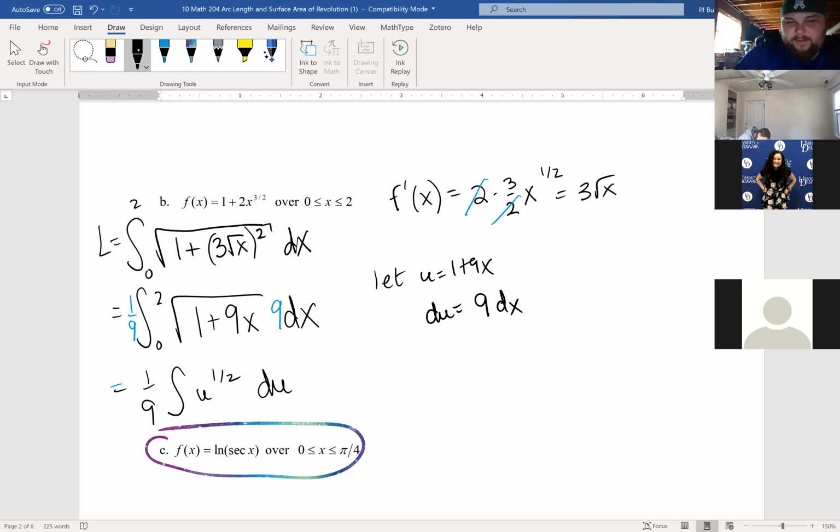You guys seem to not like when I change the bounds, so I'm going to leave it. Integrate u to the 1/2, you get 2/3 u to the 3/2. I'm just putting a to b here for placeholders.